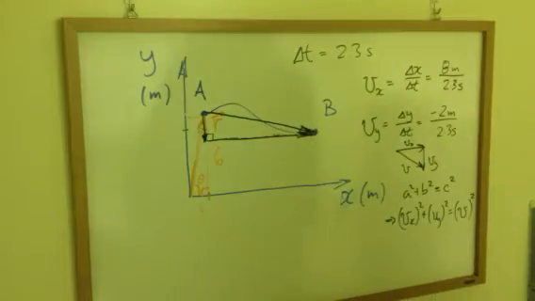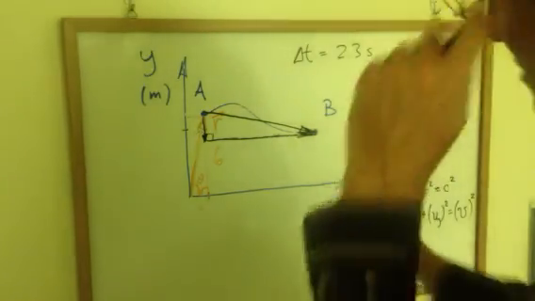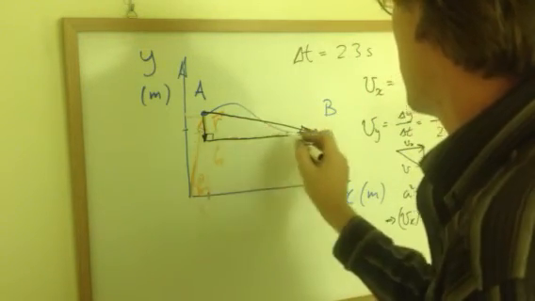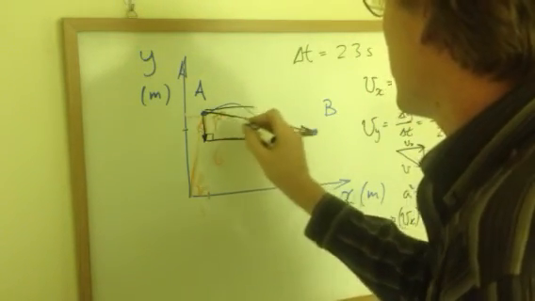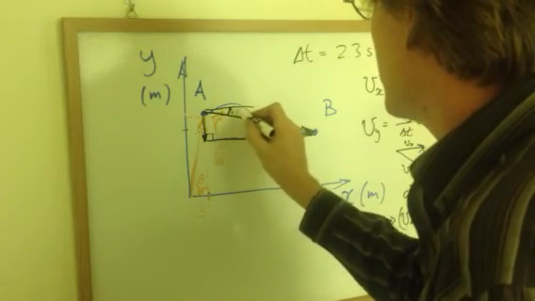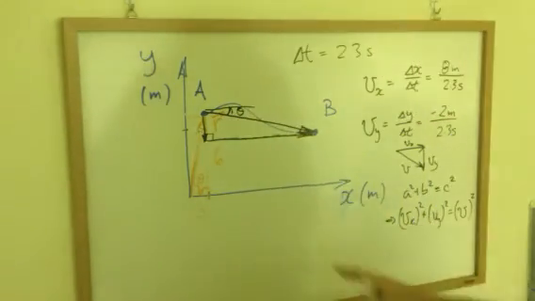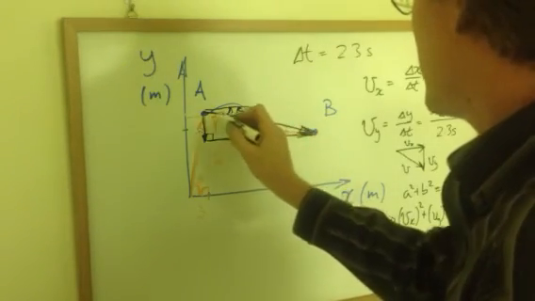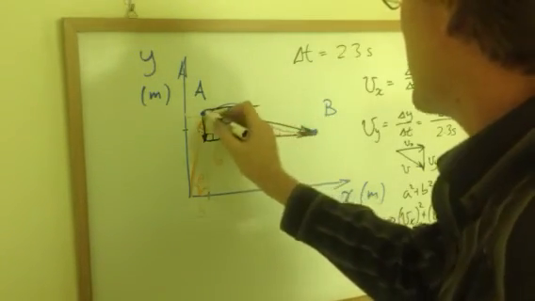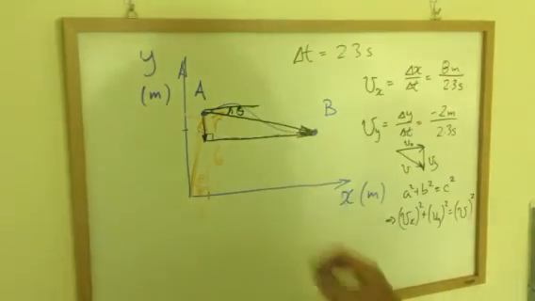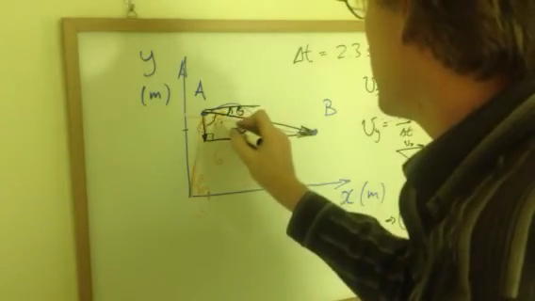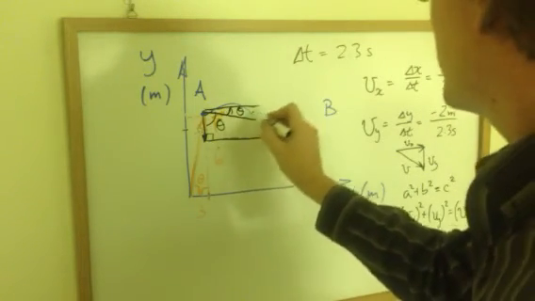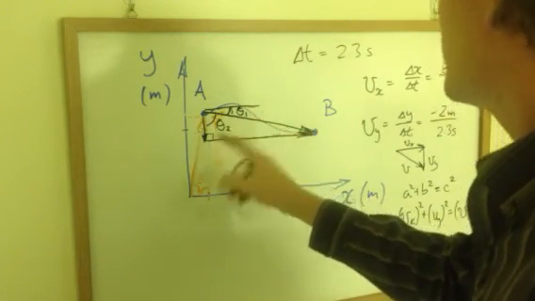And what's the direction? The direction would be, let's say this angle. And you can then use trig again. I would be interested in this angle in mine. That's theta 1, I'll call this theta 2.